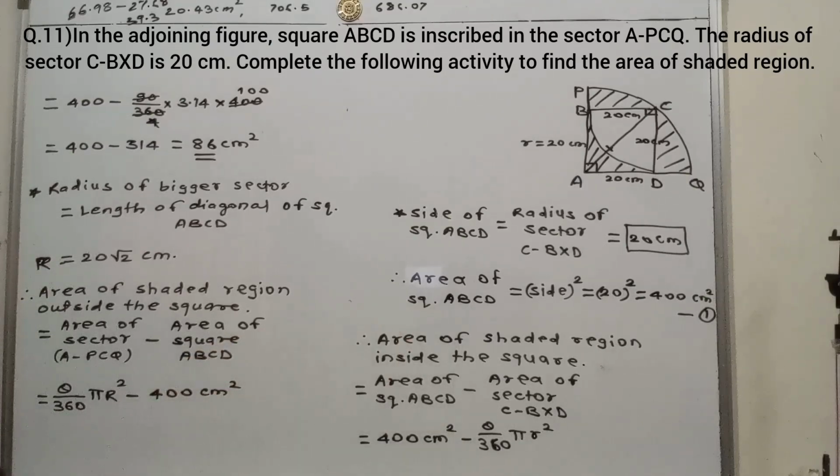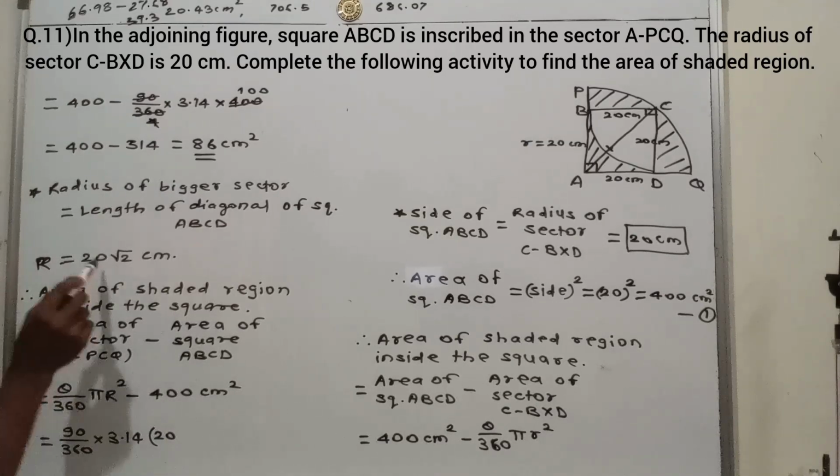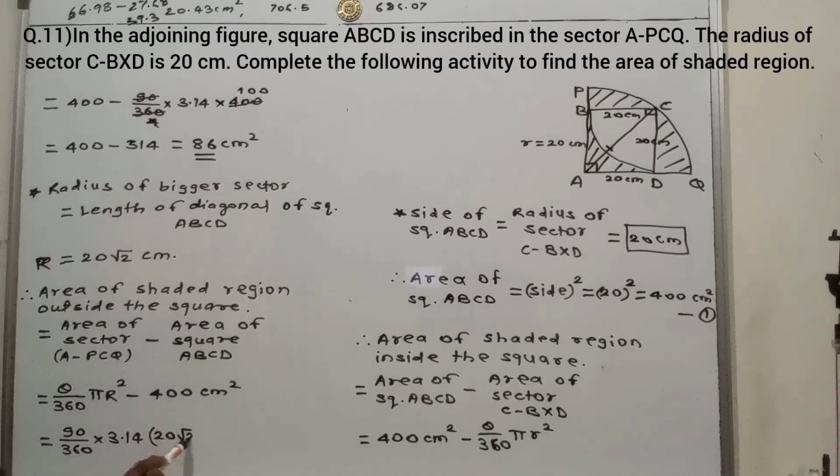Therefore, 90 upon 360 into pi, which is 3.14, and this capital R is 20 square root of 2 bracket square, minus 400 centimeter square.